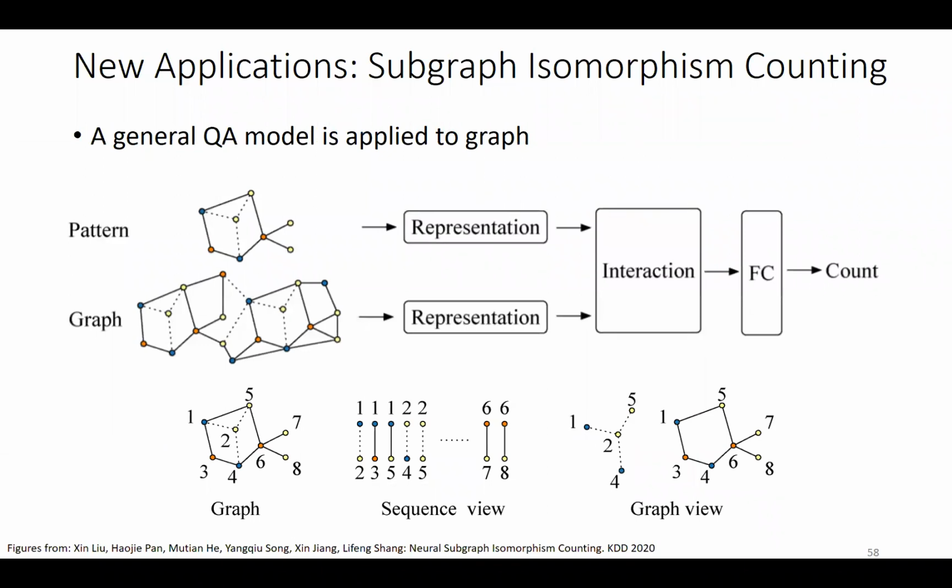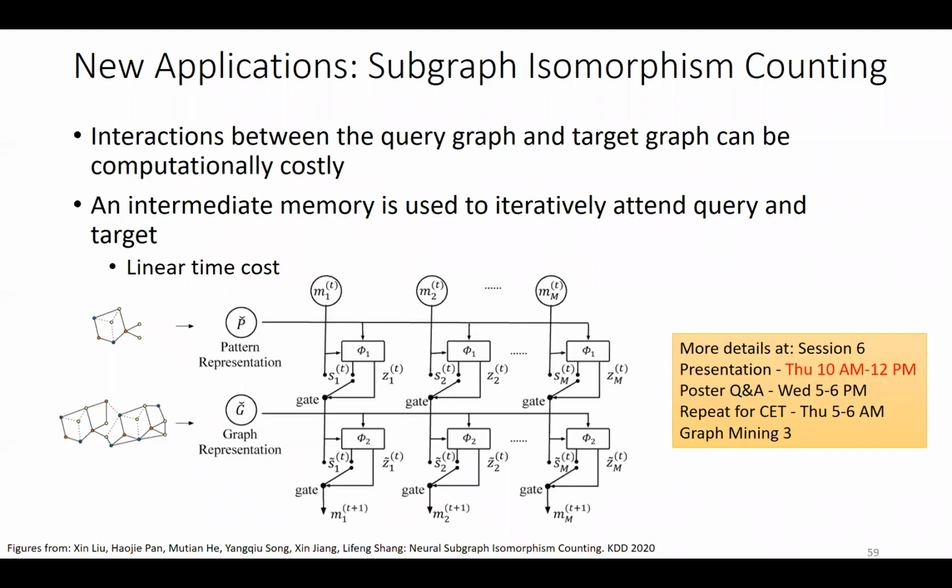In particular, we can borrow the idea from NLP to treat such a problem as a QA problem, where we represent both query graphs and data graphs in the geometric space. Then the counting problem can be predicted by using the final representation after interaction between the query and the target representations. Specifically, we can borrow the idea of memory networks to iteratively memorize the interaction between the query and the target graph. If you would like to know more about the details of this work, please attend our talk at this KDD.